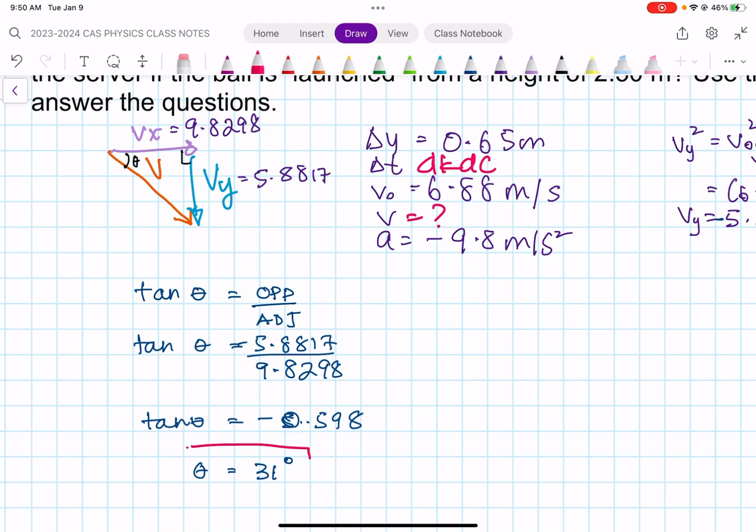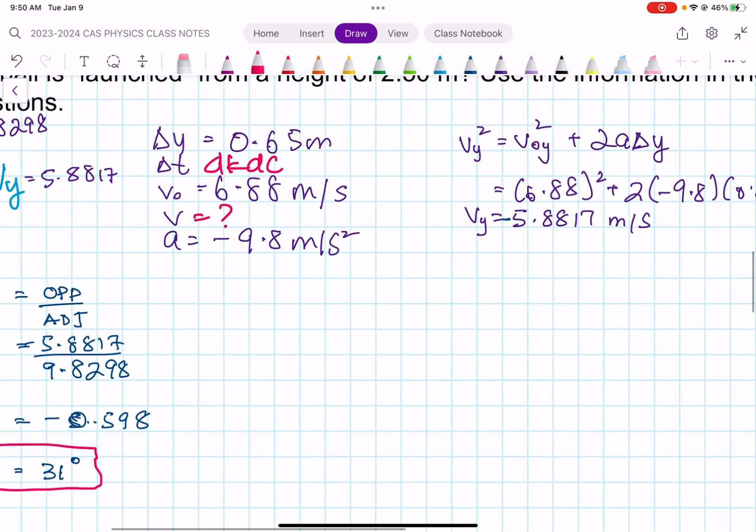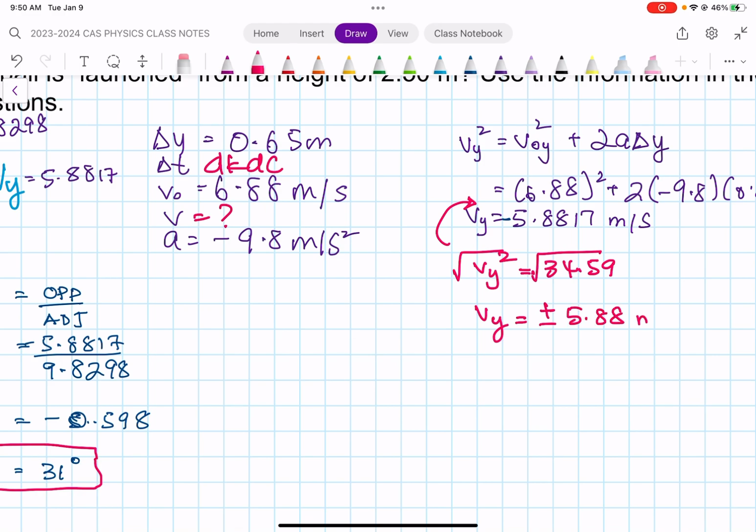So I kind of went fast over the negative sign. When you take the square root of a number here, the line I skipped was that I actually got Vy squared equals 34.59. And then I took the square root of both sides. So Vy technically equals plus or minus 5.88. And what I'm saying to do is pick the minus, because it's on its way down.